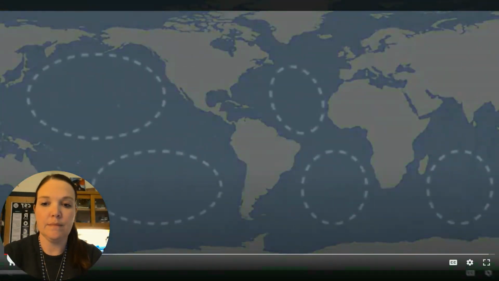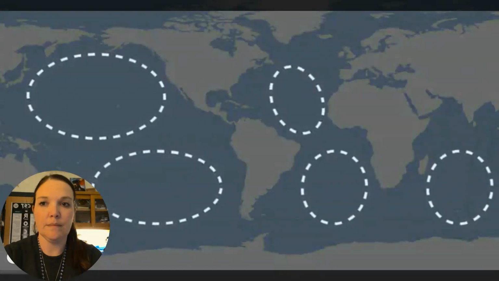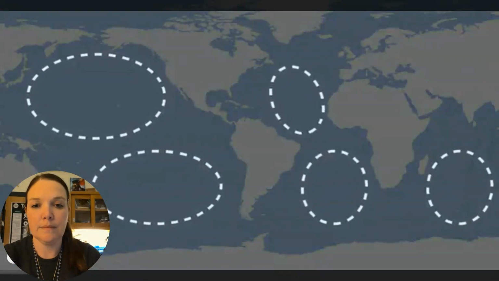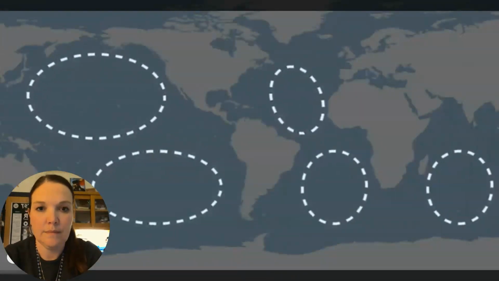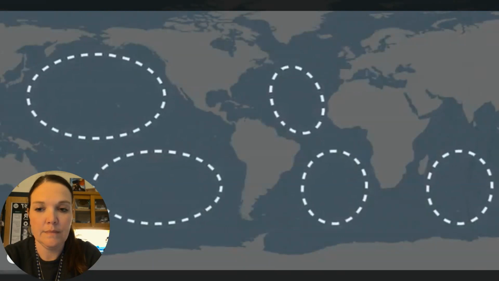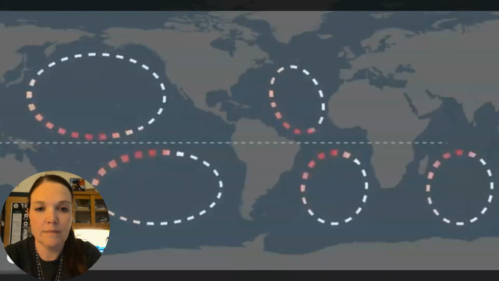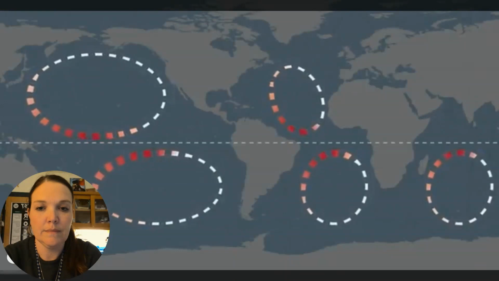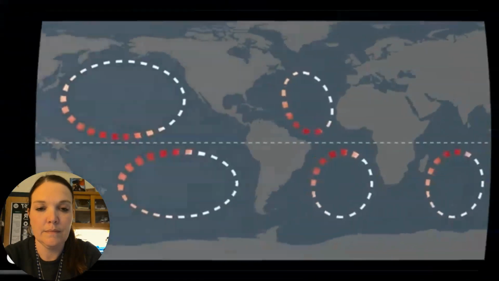Ocean water flows in continuous paths called ocean currents. Along its journey, an ocean current affects the air temperatures of places along the way. Ocean water is warmest near the equator. That's because at the equator, there's more energy from the sun.